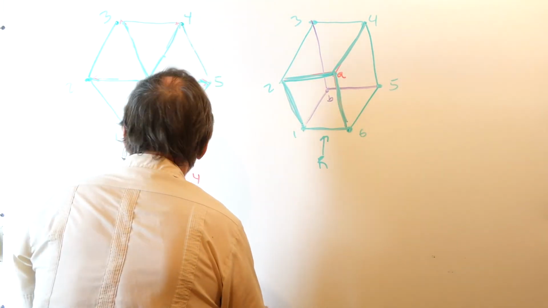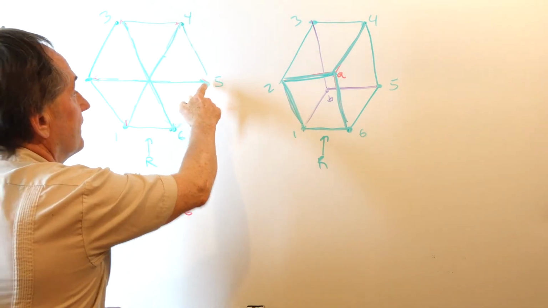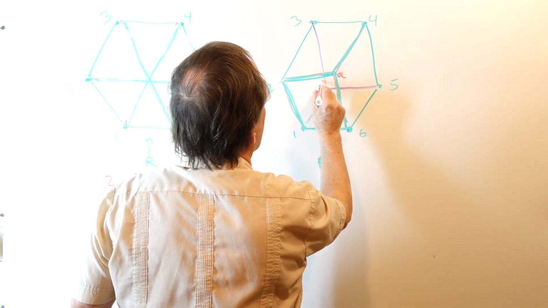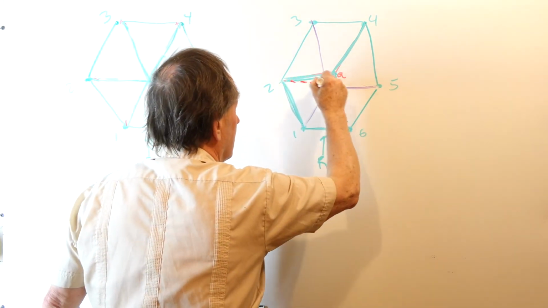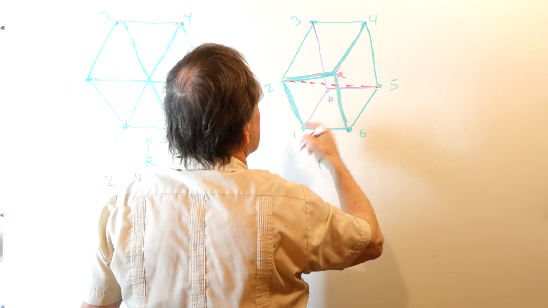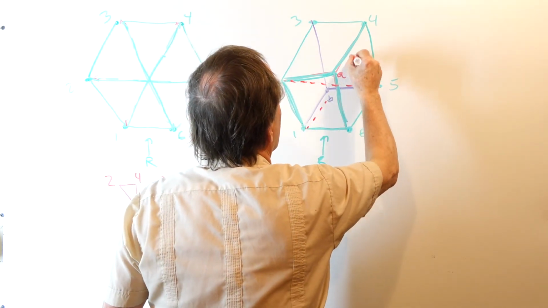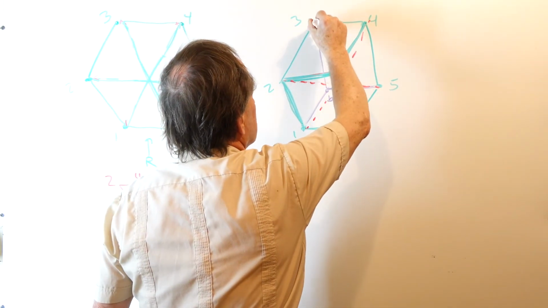Well, if we look, we have an element from 2 to 5. So 2 to 5, we have an opposite diagonal. 1 to 4, we have this diagonal. And 3 to 6, we have this diagonal.